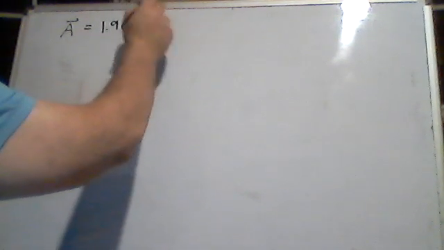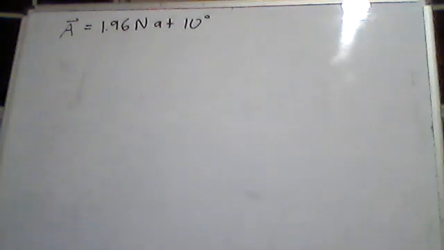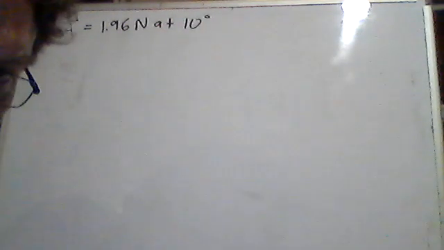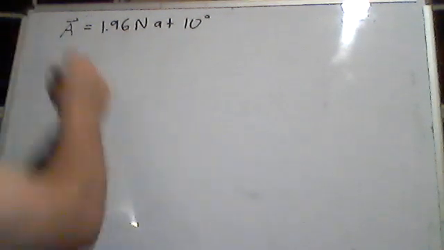We have a vector A. Okay, A is going to be 1.96 newtons at 10 degrees. Let's see here. B is 1.47 newtons at 90 degrees.